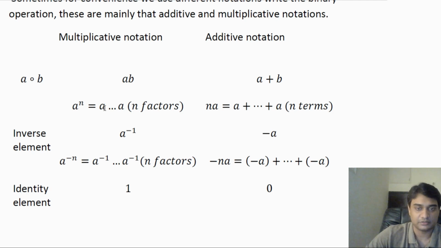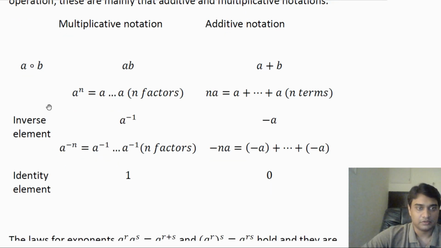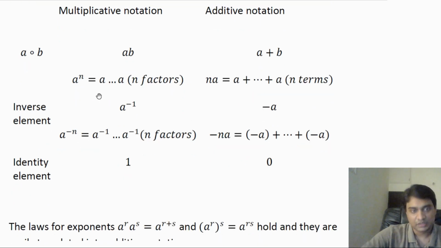Composing A with itself n times, with the composition being the binary operation of the group. So in the multiplicative and additive notations, we write it like this. And the inverse element, as we have just seen, in multiplicative notation is written as A to the minus 1, but in additive notation it will be written as minus A. And by A to the power minus n, we mean multiply the inverse of A by itself n times.